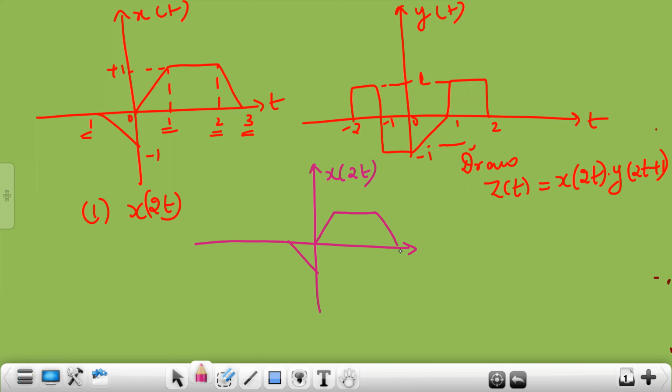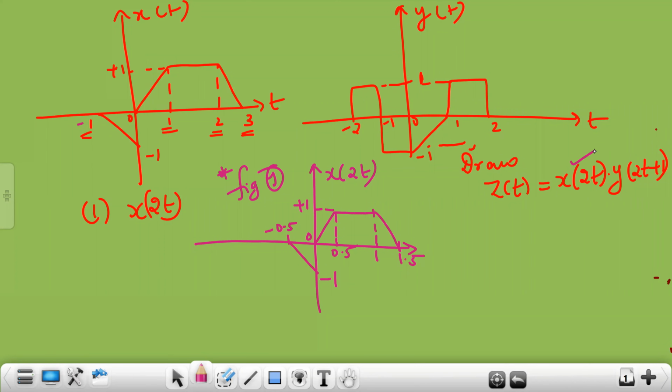Amplitude will be -1 here, here it will be +1. But this will be at 0.5, this will be at 1, this will be at 1.5, and again this will be at -0.5. So the signal has been compressed by half. Now it is confined to -0.5 to 1.5. Let this be figure number 1. So we have done with this.